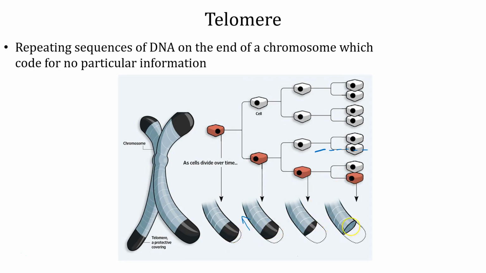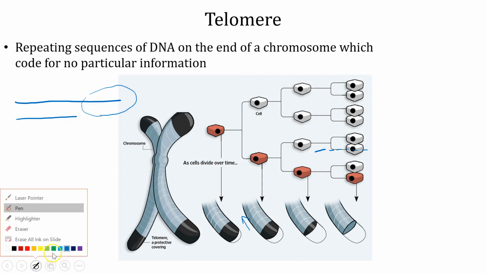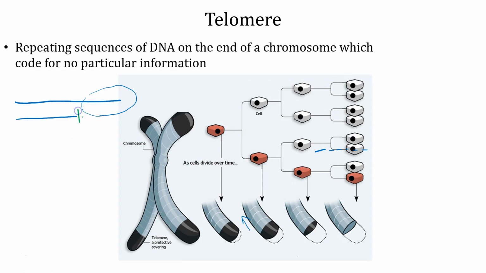The reason is that at the very end of the chromosome there's an overhang. If this represents the double strand of DNA, there's always a little single-stranded overhang here. There's an enzyme called telomerase which can add that little extra piece back so that we have double-stranded DNA all the way to the end.